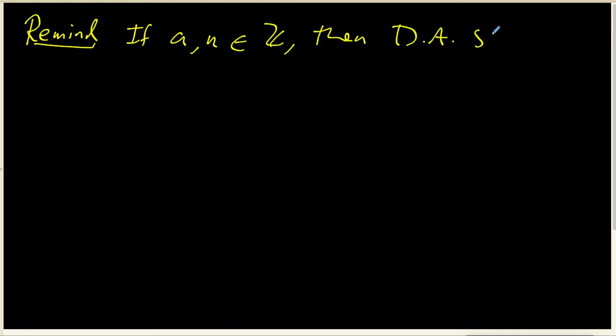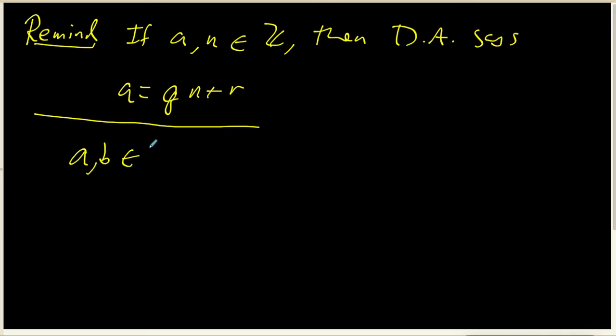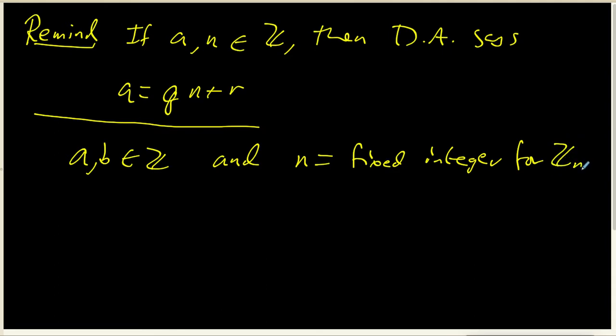I want to remind you that if a and n are any integers, then the division algorithm says that a can be written as q times n plus r. And what we've got, of course, in our situation is that a and b are indeed integers, and n is some fixed integer for the ring Z sub n.